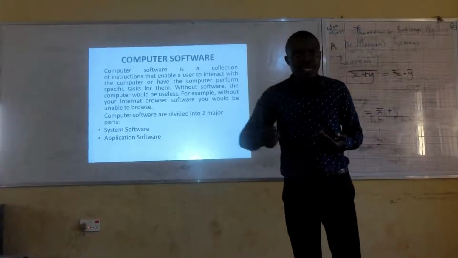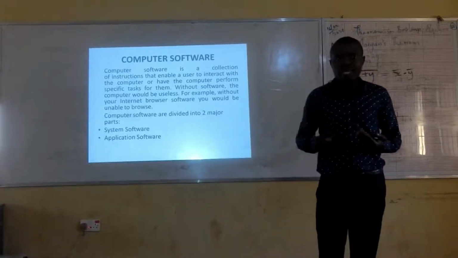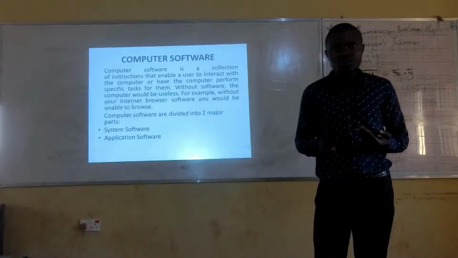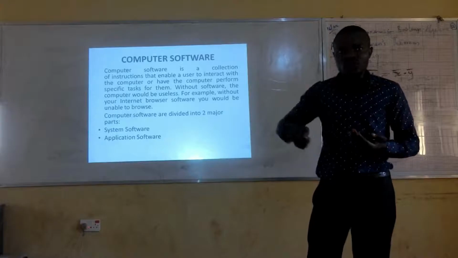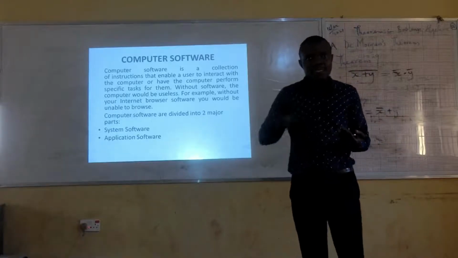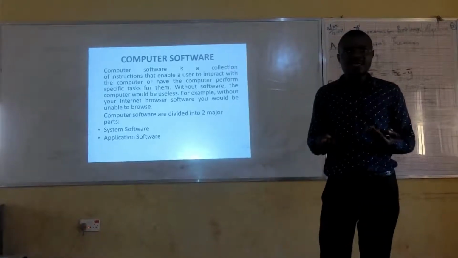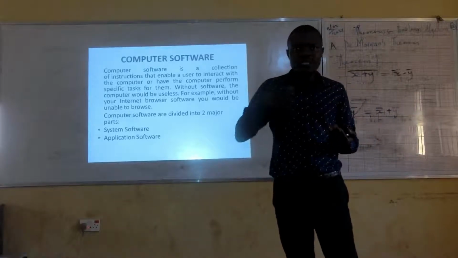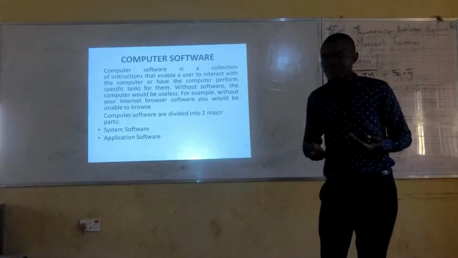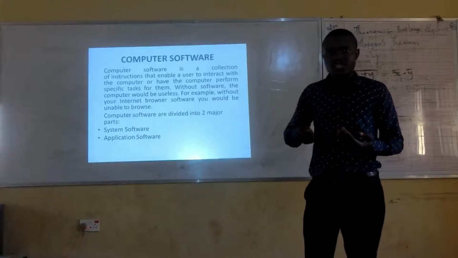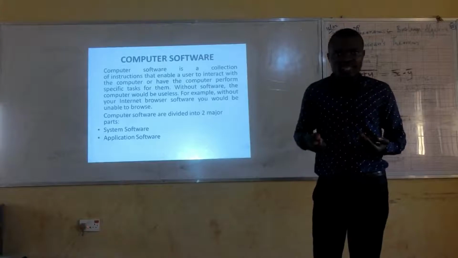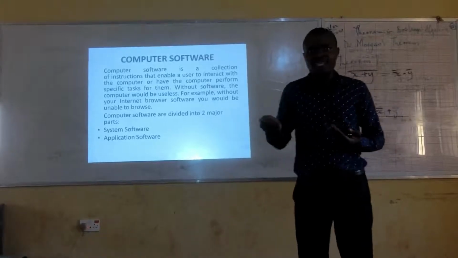Application software. Application software are software that are installed in order to satisfy user needs. Take for instance, I need to typeset on my system. The choice of the application I'm going to use is Microsoft Word, which is a word processing package.